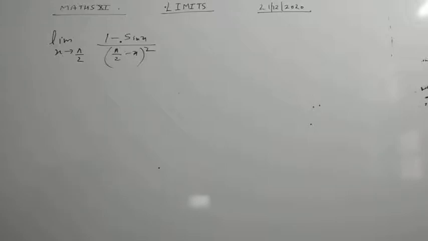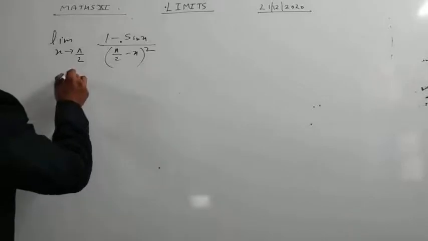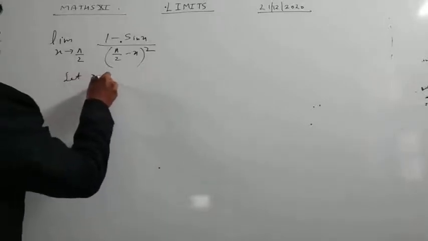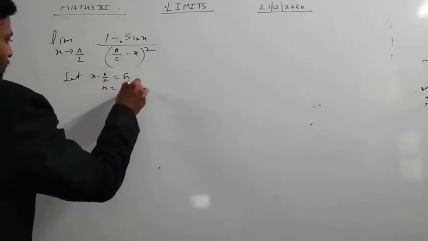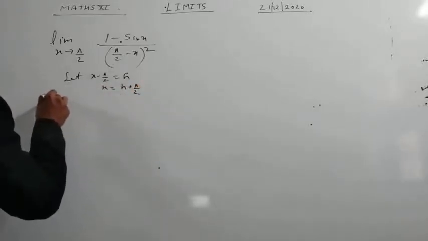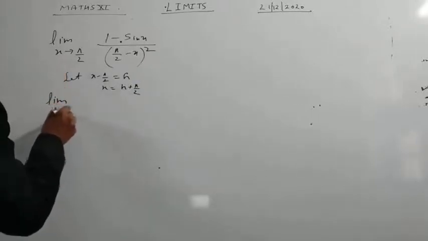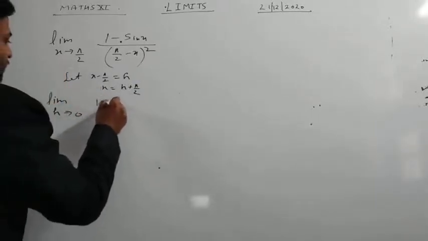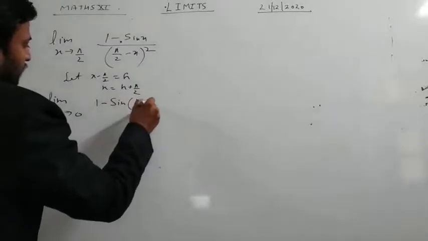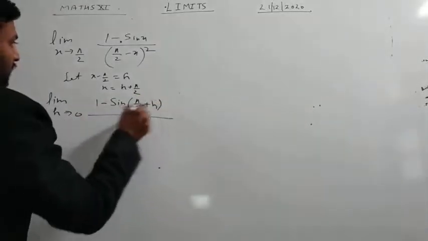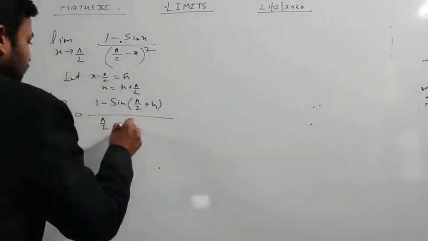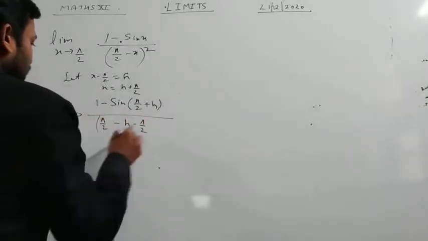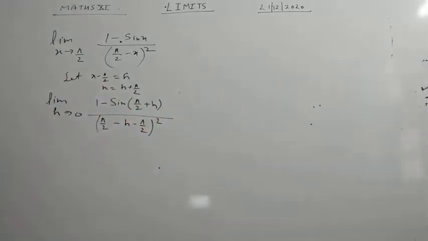So we take here, let x minus pi by 2 be h, so x is h plus pi by 2. So now we can write limit h tends to 0, and 1 minus sin of pi by 2 plus h, and here pi by 2 minus x is minus h minus pi by 2, whole square.